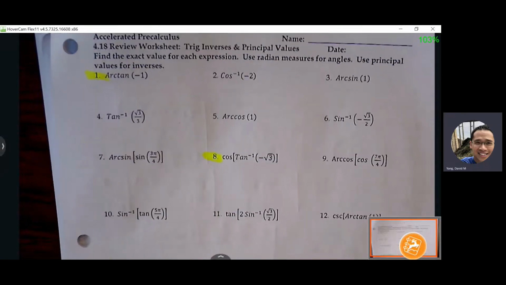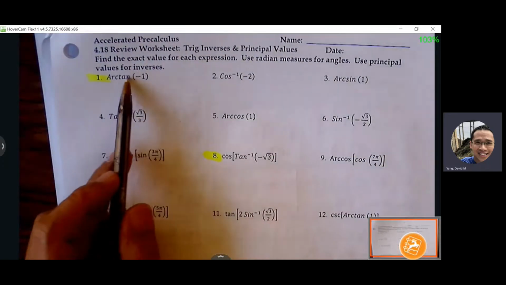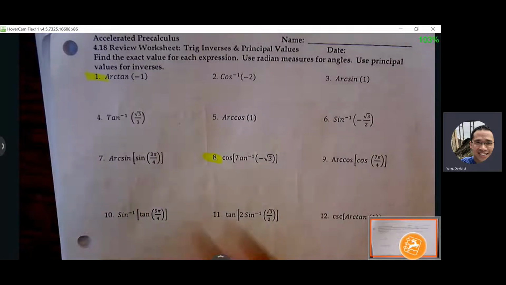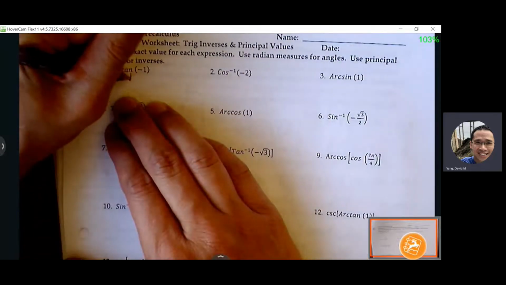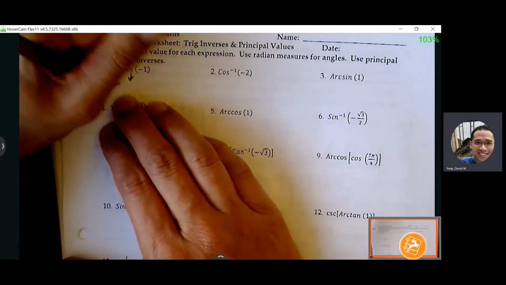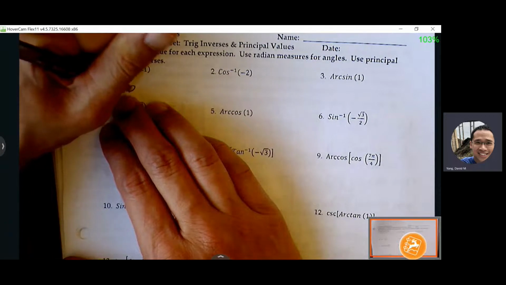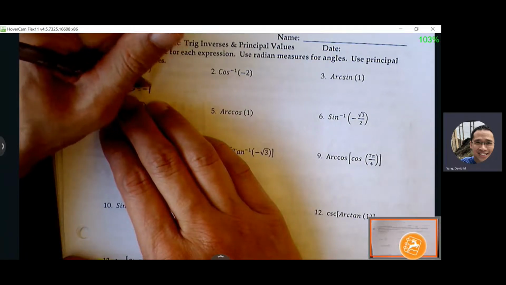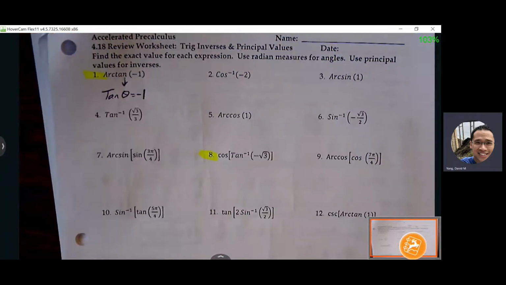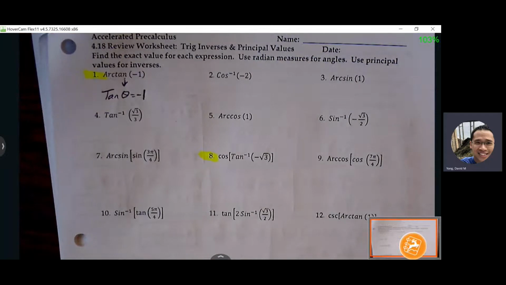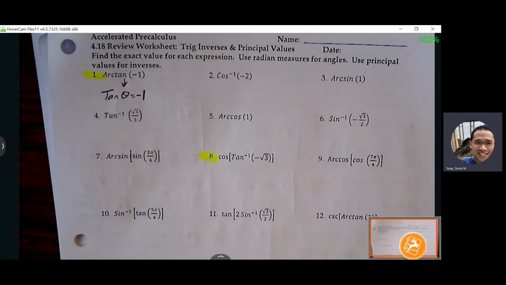Okay, starting with number 1. Arctangent of -1, we always like to rewrite this in a form that feels more familiar. Inverse tangent of -1 equals theta, or tangent of theta is equal to -1. Remember that we're talking about principal values. Tangent is first and fourth quadrant. Sine is also first and fourth quadrant. Cosine is a little bit different.